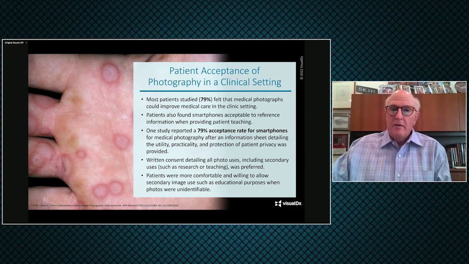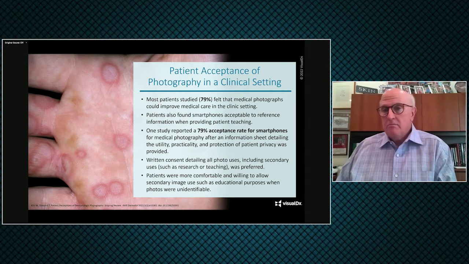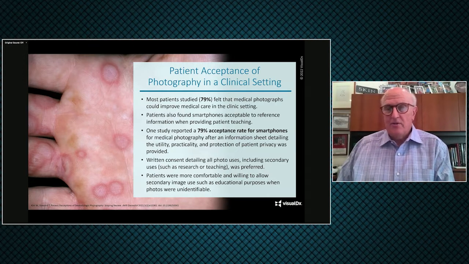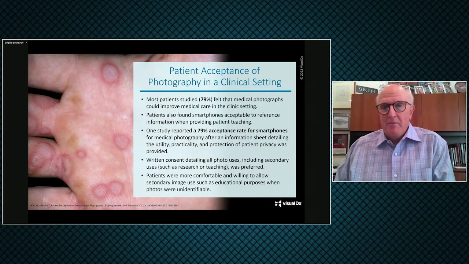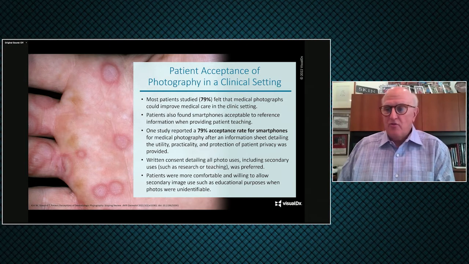And then how do you consent patients? For years and years and years, oral consent is what we've been doing. If you are in a VA, there's no question you are not going to just do oral consent, and if you're abiding by the rules of the Veterans Administration and they see you taking a picture on your smartphone or your iPad, they're going to try and confiscate your device.